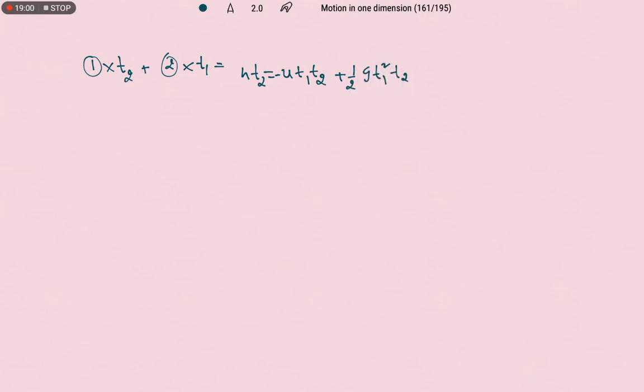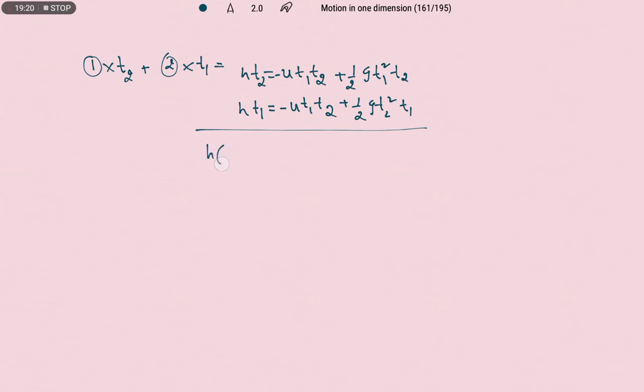Next, the second expression: ht1 minus ut1t2 plus half gt2 square t1. Let us add these two.